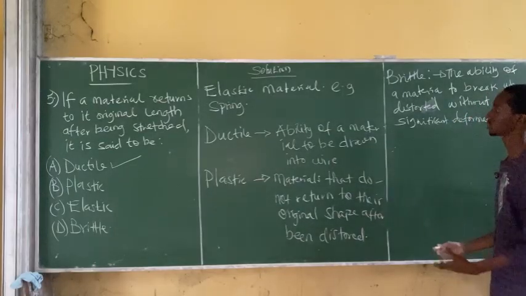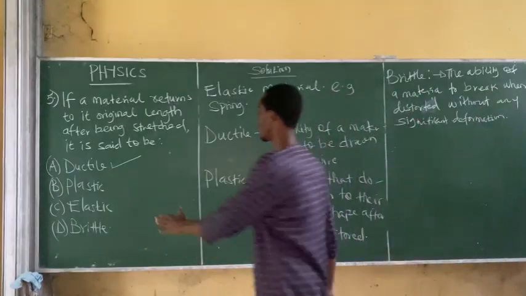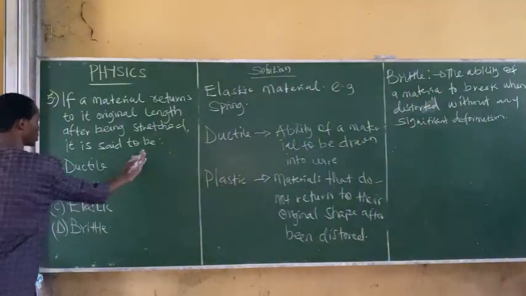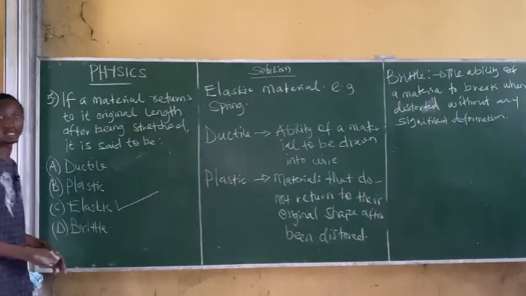So that's what brittle materials are. So the correct option here is option C, elastic materials.